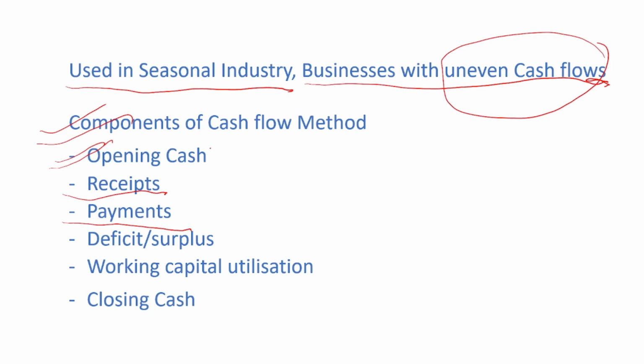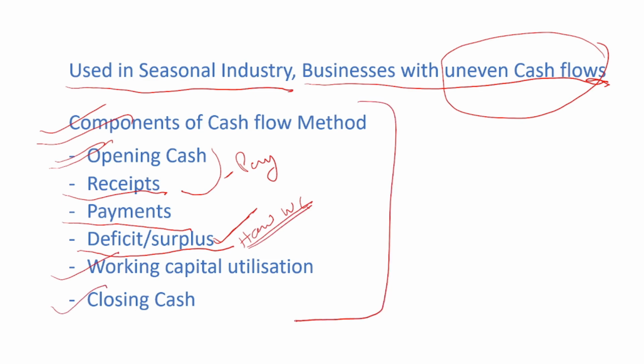Then opening plus receipts minus payments will become a deficit, or it may be a surplus also. After that, when we find the deficit or surplus, we will see how our working capital limit will be assessed. When we find the deficit and surplus, then we will set the working capital limit, and after that working capital utilization and closing cash. These six are the components of the cash flow method.